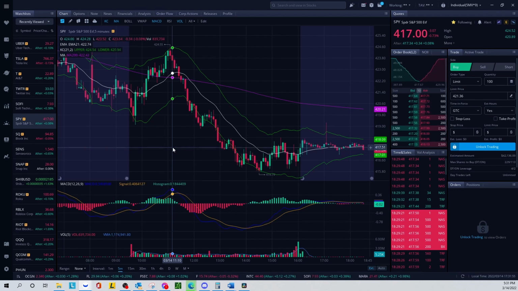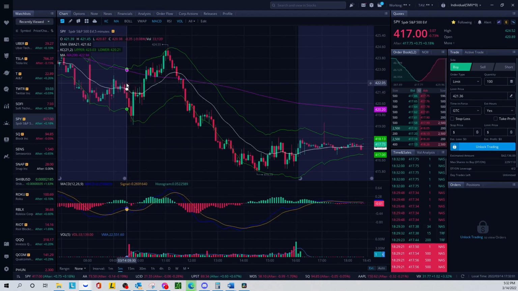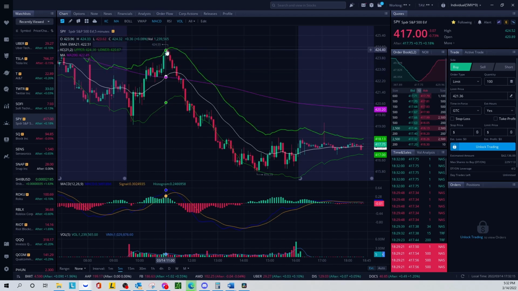And so this is all today's price action on this 5-minute chart, and you can see at the open we pivoted to the downside, and once we started testing this lower range, look what happens. We pivot to the upside, push all the way up to the upper bound of this band, and what happens? The reverse happens.